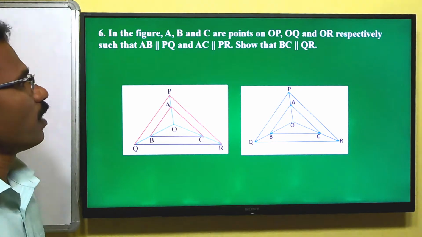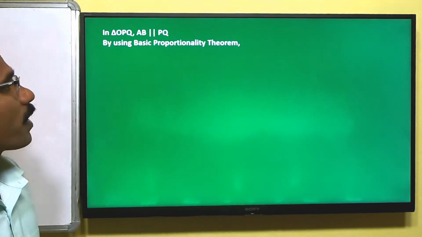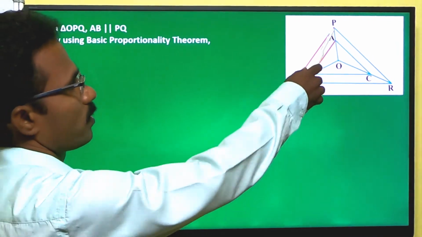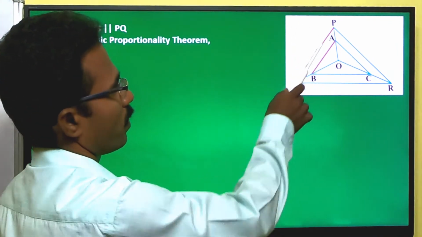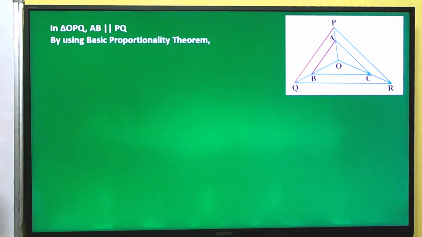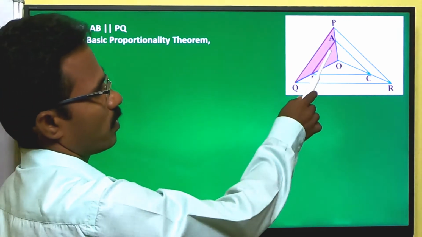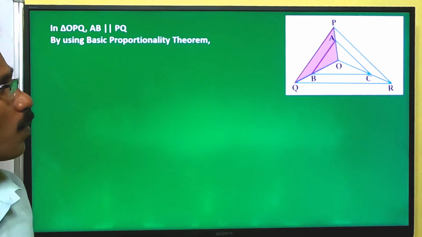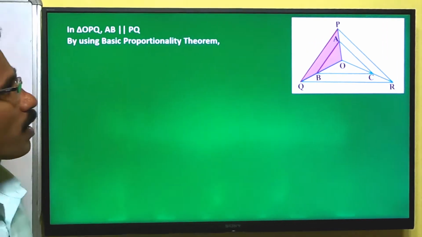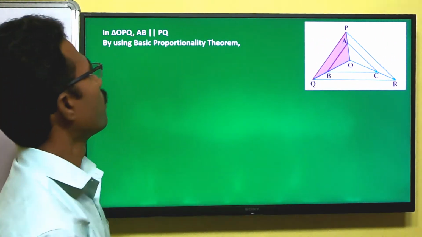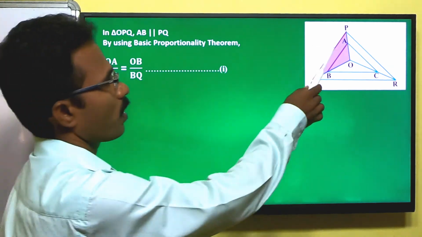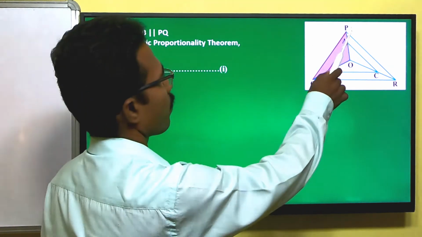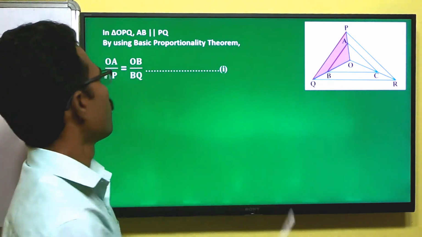Very simple. We are taking the triangle OPQ, the shaded triangle, where AB is parallel to PQ. Using the basic proportionality theorem, OA upon AP equals OB upon BQ.